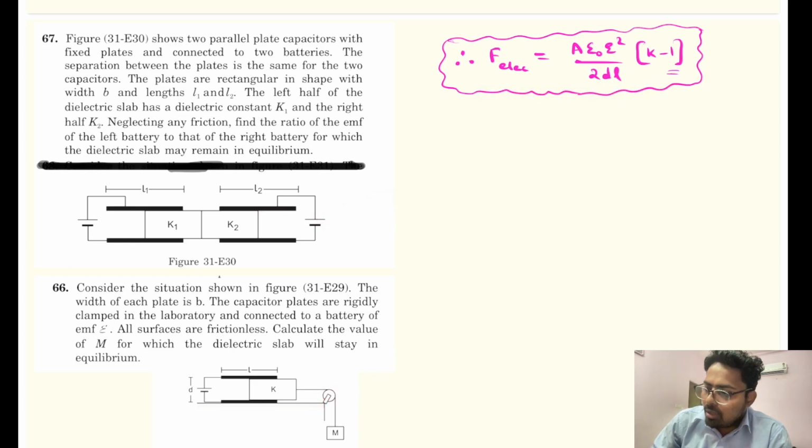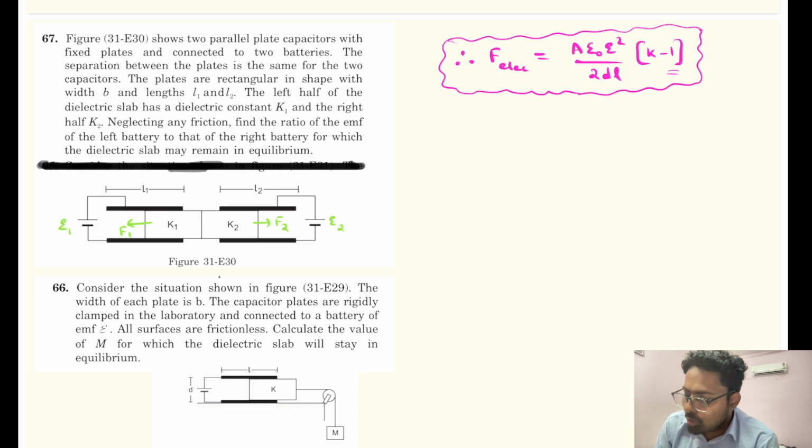In this question, they are telling that this slab should remain in equilibrium. When it remains in equilibrium, obviously this capacitor will try to pull the dielectric to the right side, and the other capacitor will try to pull it to the left side with force F1. Let's say this is EMF E1, and this is EMF E2.